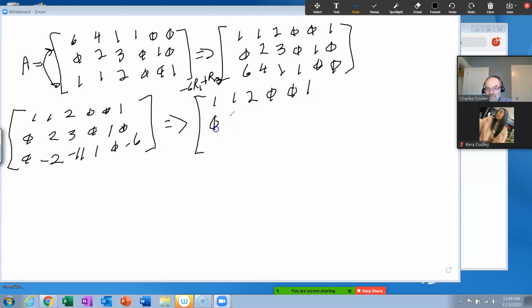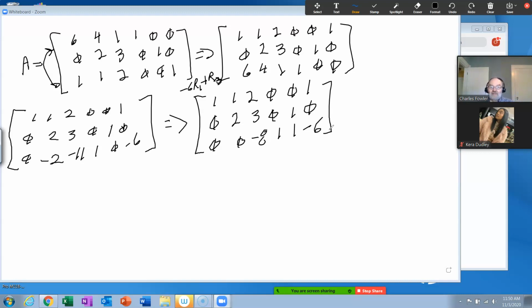I'm leaving row 2 alone: 0, 2, 3, 0, 1, 0. And adding the second and third row gives you 0, 0, negative 8, 1, 1, negative 6.